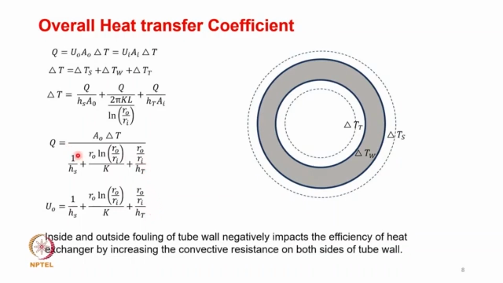What you can see is Q is a function of UA delta T, and A and delta T are right here, and any remaining terms coming over here should be equal to U naught.